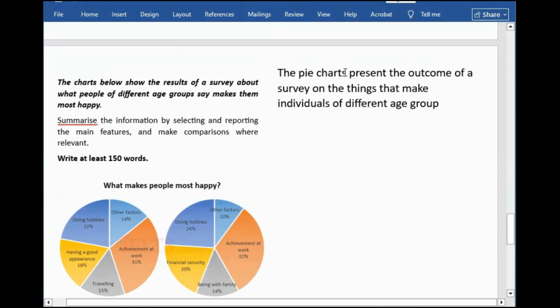The pie charts present the outcome of a survey on the things that, let me see, this thing says the result of a survey about what people of different age groups say make them most happy. Okay, the things, I want to put something here.